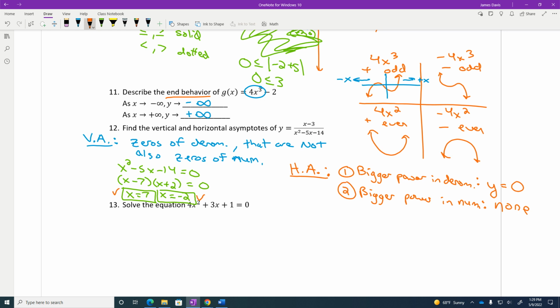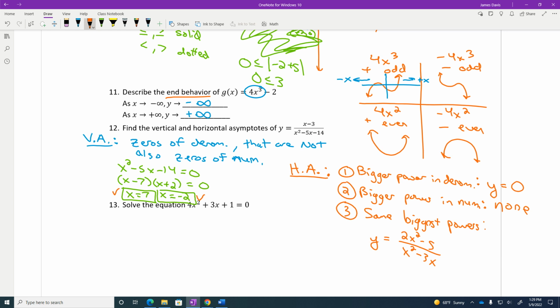And then the last scenario is if they have the same biggest powers. We call that the degree, so if the degrees are equal. Let's say for instance, it was 2x squared minus 5 over x squared minus 3x.